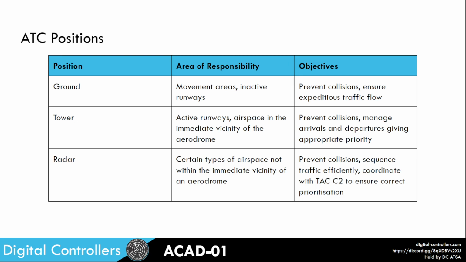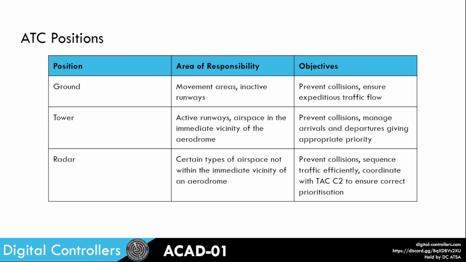We typically split the different air traffic control positions for now into three categories. We will add to these later on. We have the ground position, which covers pretty much self-explanatory, the ground, but only really the movement areas, so effectively taxiways, and inactive runways, so runways that are not being used for takeoffs or landings.